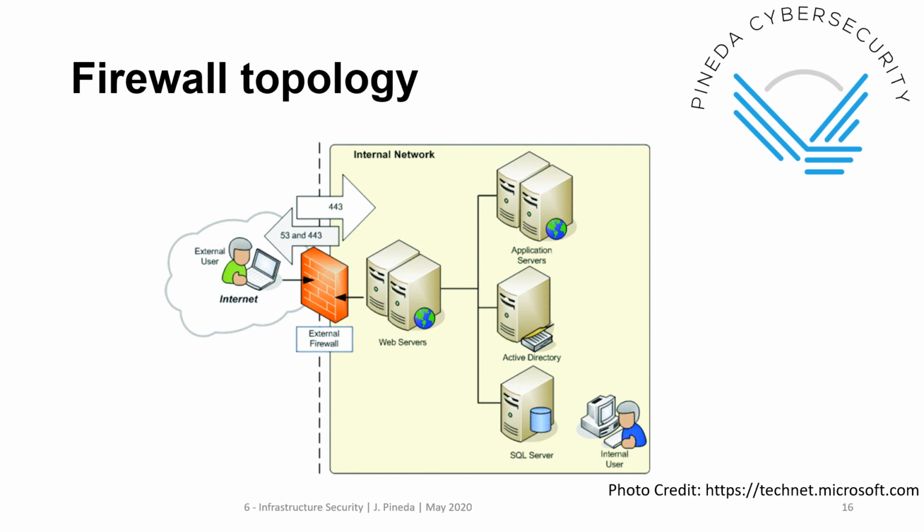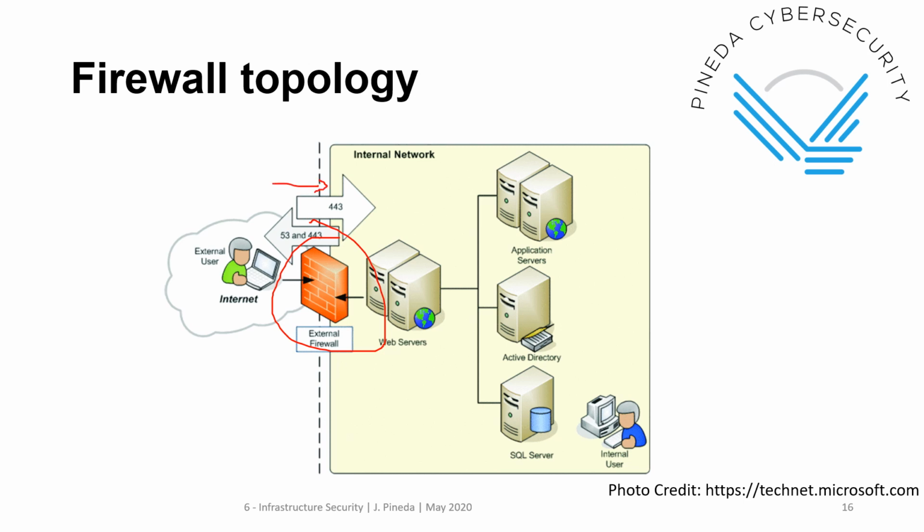So here's an example of the firewall topology. If you would notice, the firewall again is in the outermost area of the network. So it's like the gate, okay, that checks for all the traffic that goes in and out of the network. So if you would see, for example, we have going in port 443.